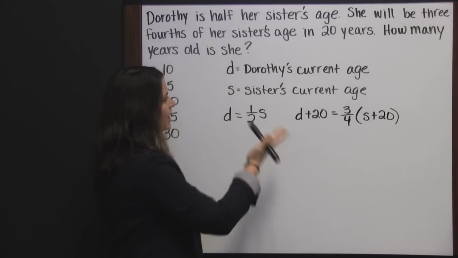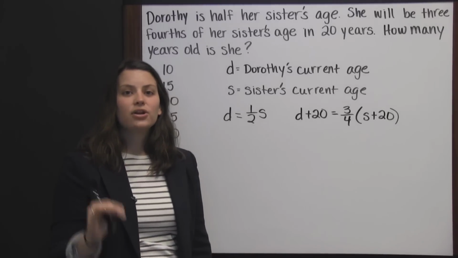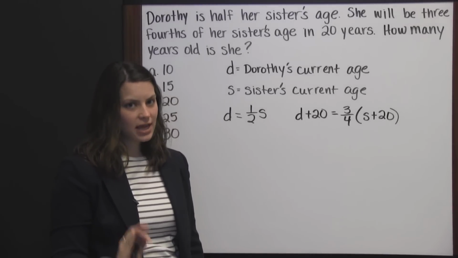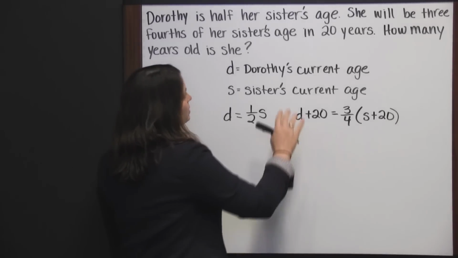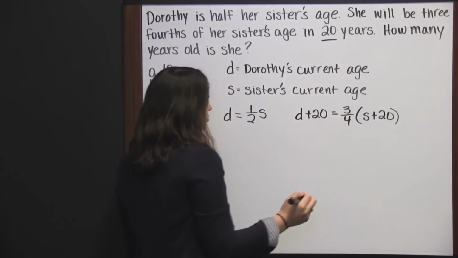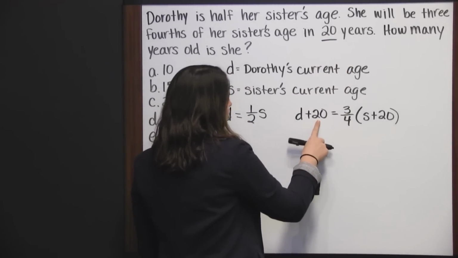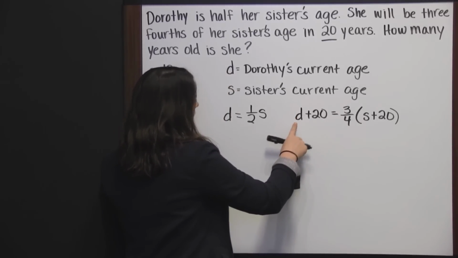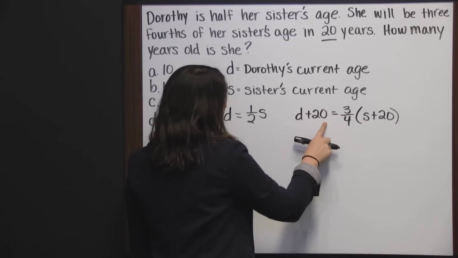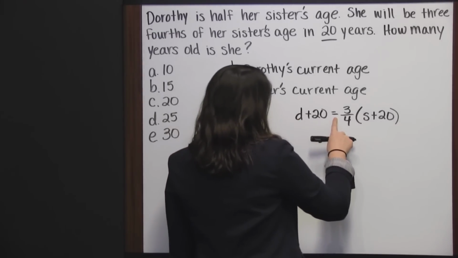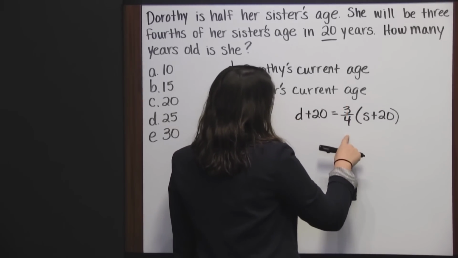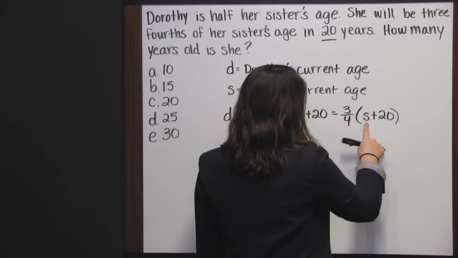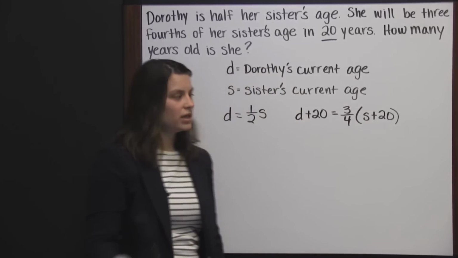Remember that D and S were Dorothy and her sister's current ages. So when they talk about in 20 years, that means we have to add 20 to their current age. So Dorothy's age in 20 years, so D plus 20, equals 3/4 of her sister's age, also in 20 years.